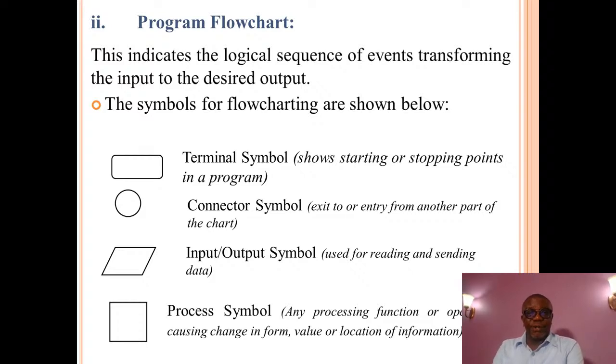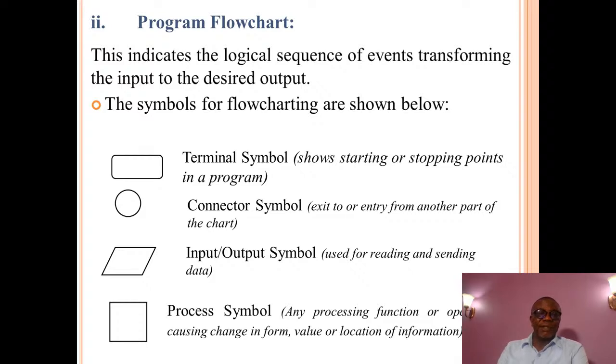Then you have the next one, which is a rectangle. It's called the process symbol. So any processing function or operation causing change in form, value, or location of information, you use that. For instance, in the program, you want to tell your computer to perform a process.